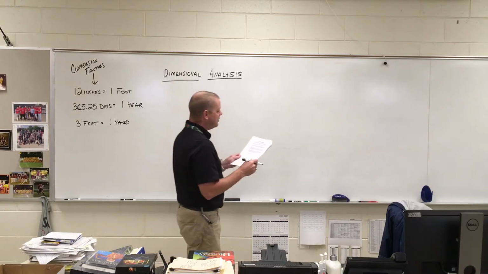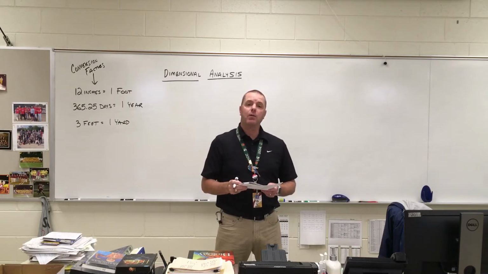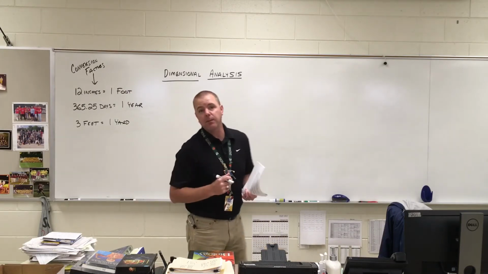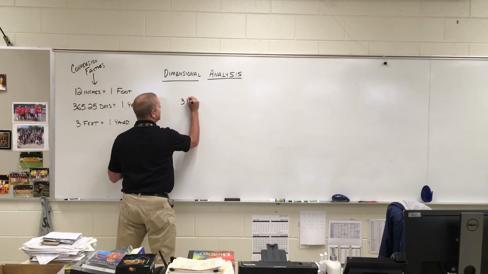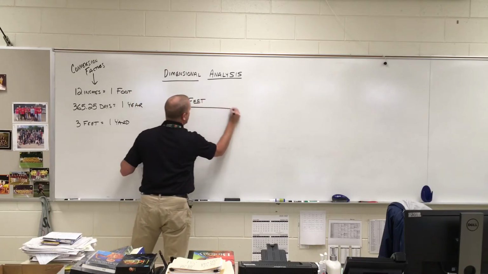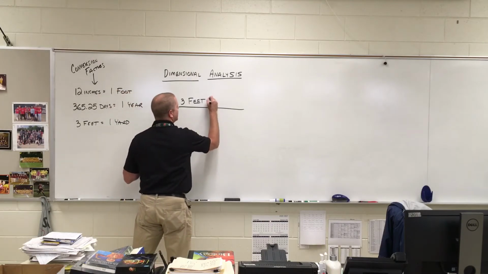It says, how many inches are in 3 feet? So the first thing I recommend you start with is a number or some type of value as given in the problem. And in this case, the number or the value we're given is this thing, 3 feet, okay? And so in a dimensional analysis, what we do is we set up a cross that looks kind of like this.